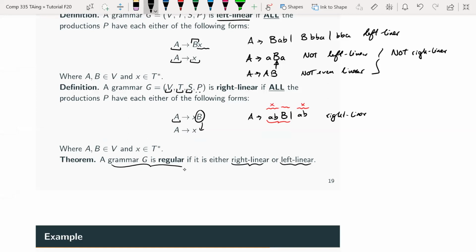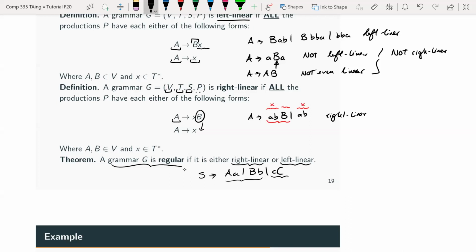So for instance, if I have production rules like S gives you A, and B, and C, these first two production rules are from a left linear grammar, but this one is from a right linear grammar.